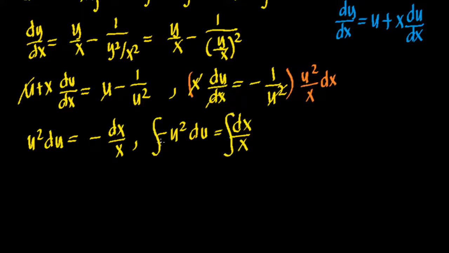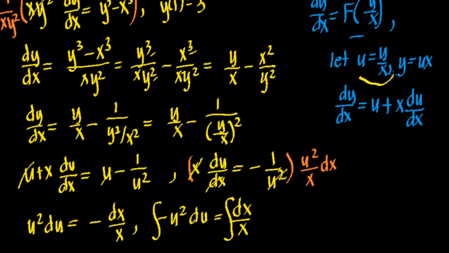Now integrating both sides of the equation, we have negative 1/3 u cubed is equal to the natural logarithm of x plus a constant c.